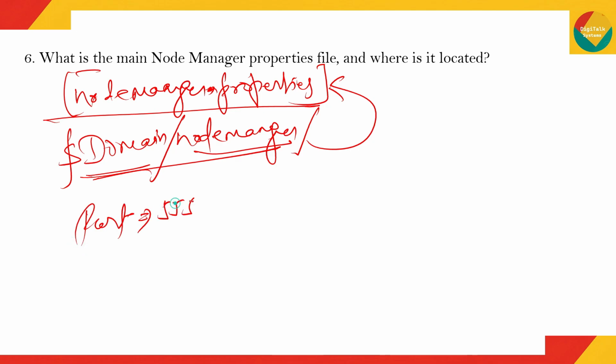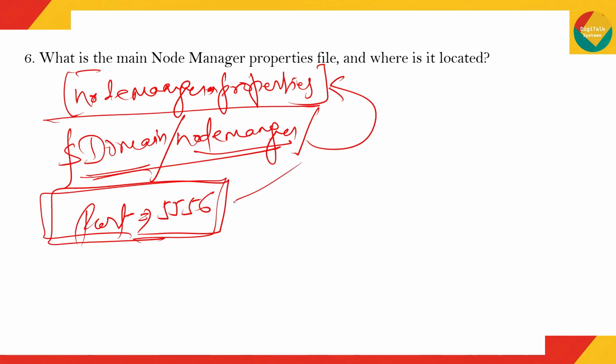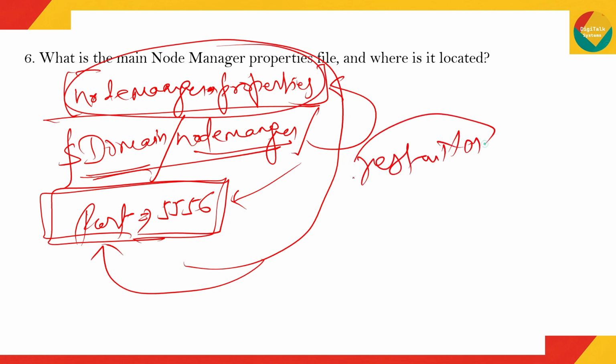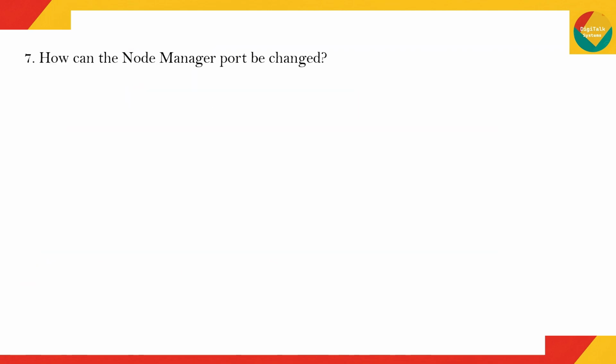The default port, as I said, is 5556. So you have created your domain with the port 5556, and at a later time you want to change the port of your node manager. You can change this port in your nodemanager.properties file and then restart your node manager, and the port will get changed.